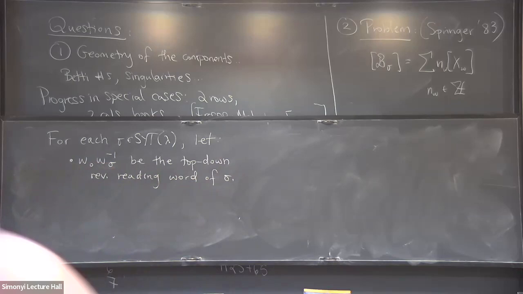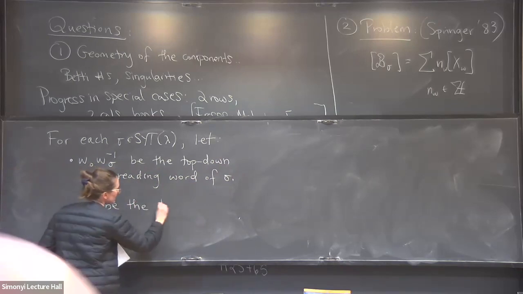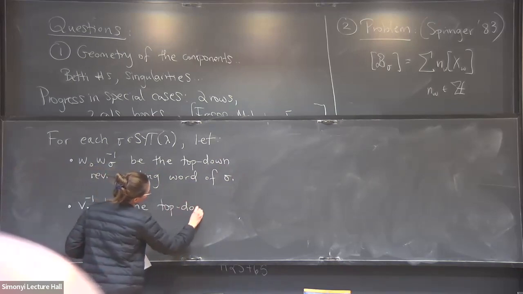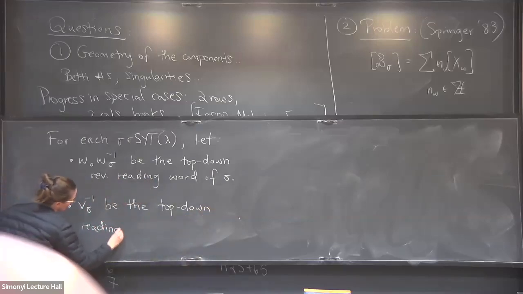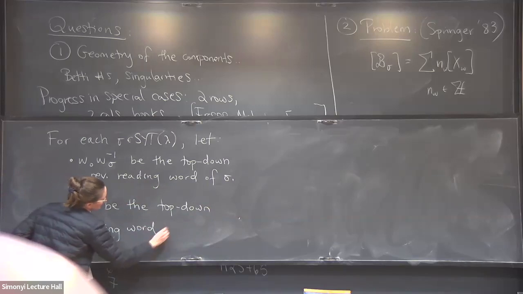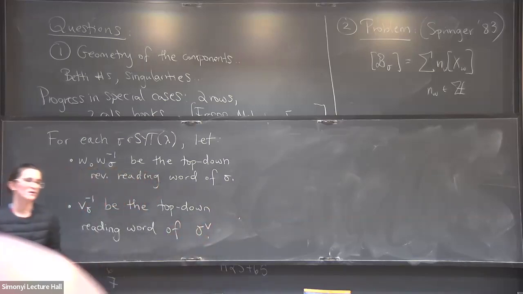So I'm reading from the top row to the bottom row and from right to left. I'll do an example in just a second. And I'm going to let V sigma inverse be the top down reading word of not sigma, but the image of sigma under evacuation.